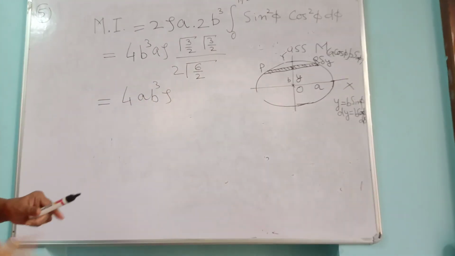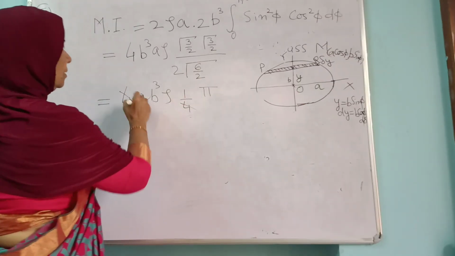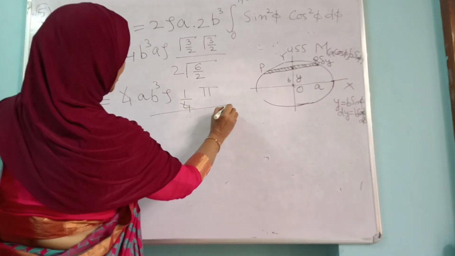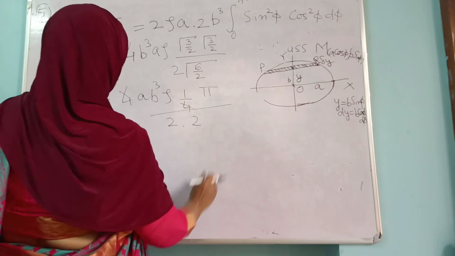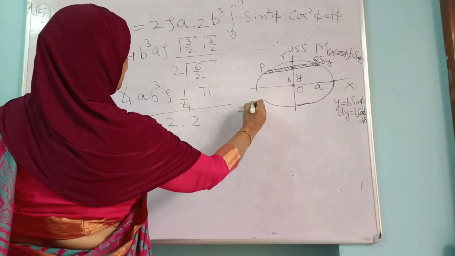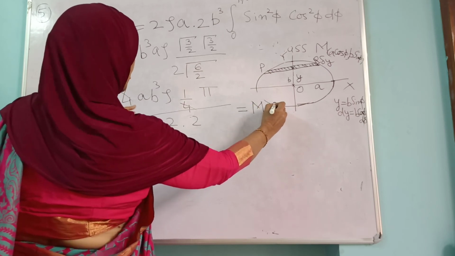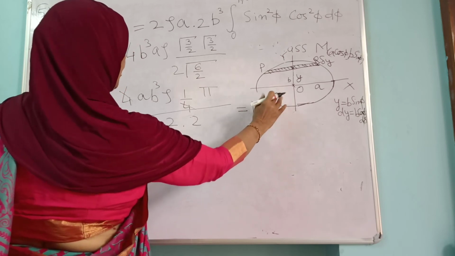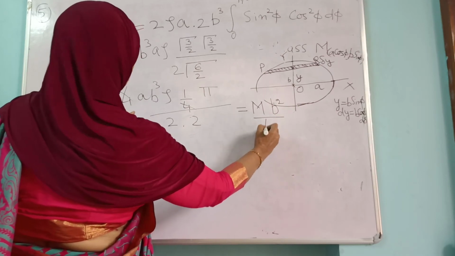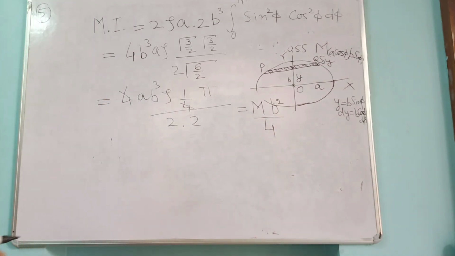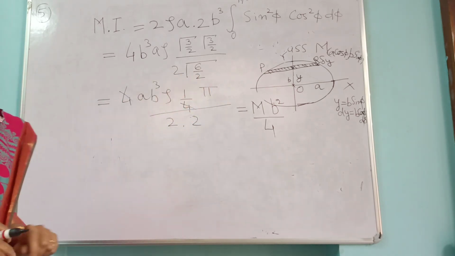So you will be getting 1 by 4 pi, divided by 2 and then 3, that means again 2. So it is m a square b square, sorry, divided by 4. By putting the value of density, we get the result m b square by 4.